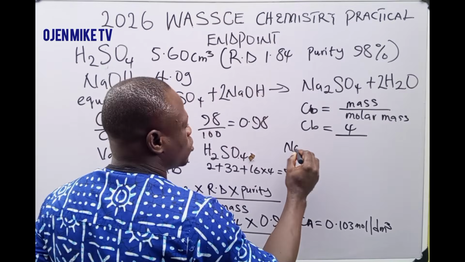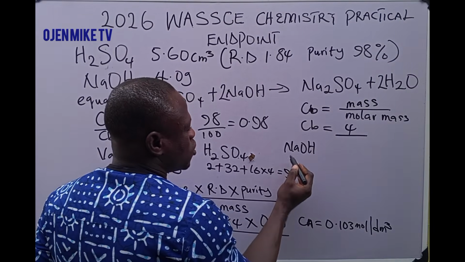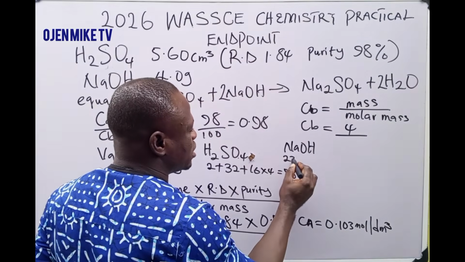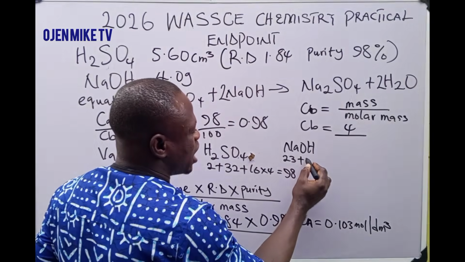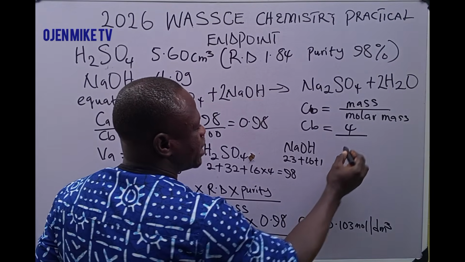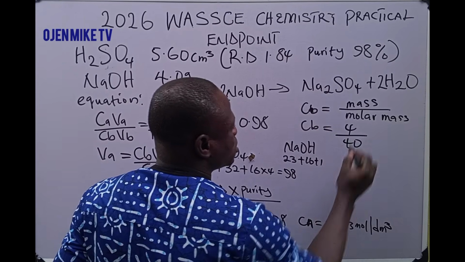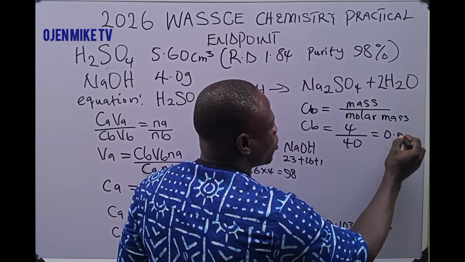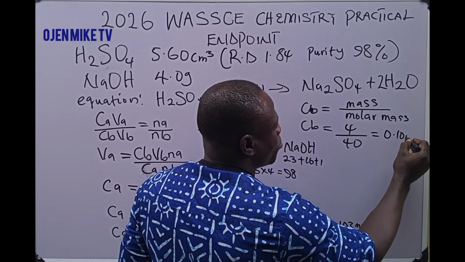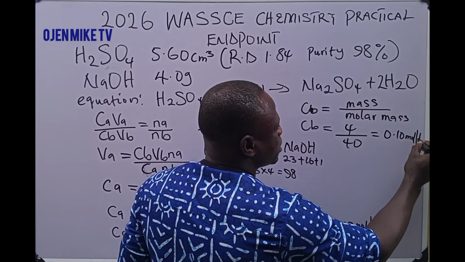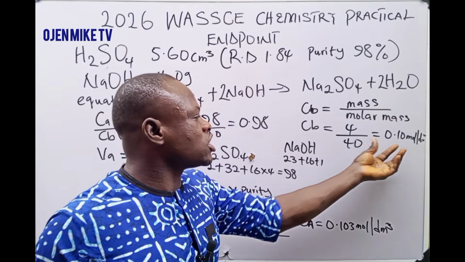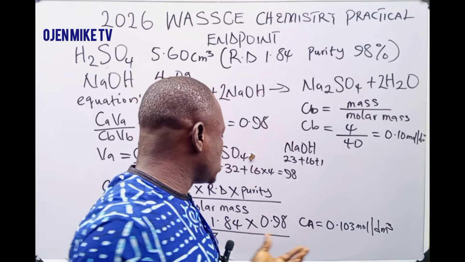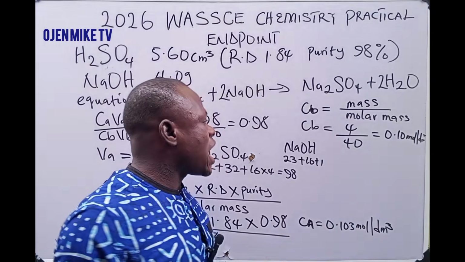Sodium here is 23, plus oxygen 16, plus 1. At the end, we have 40. It was 0.10 moles per dm cubed.